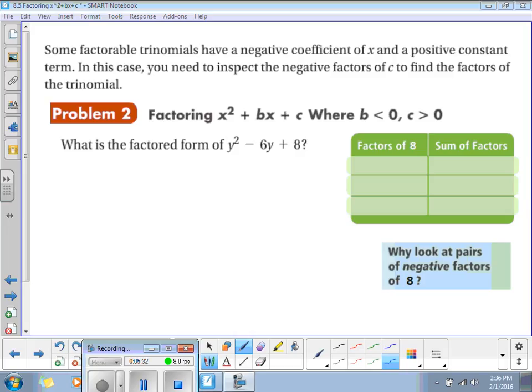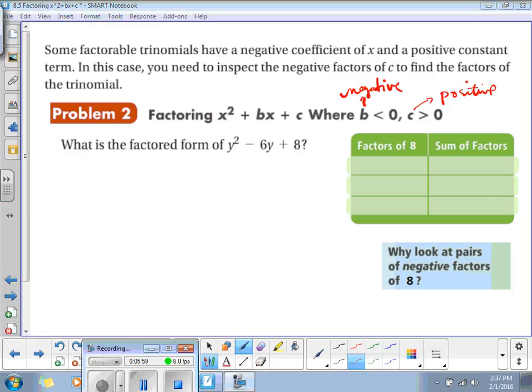In this case, you need to inspect the negative factors of c to find the factors of the trinomial. Okay? So here it says that b is less than 0. That just means that b is negative. Okay? And c is greater than 0. That means that c is positive.